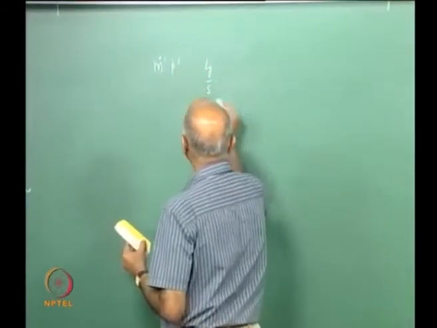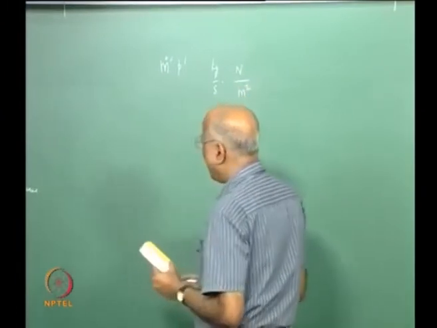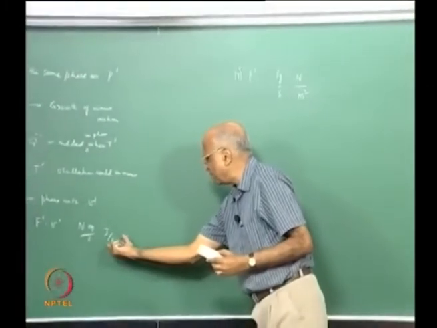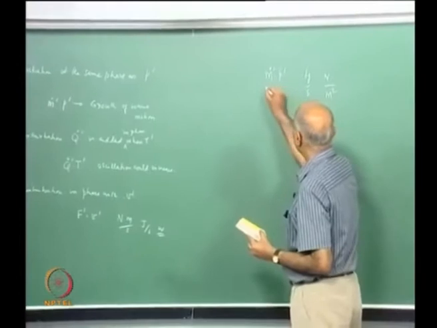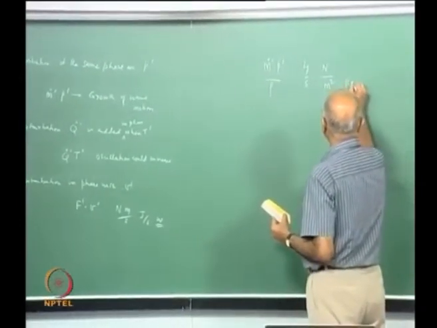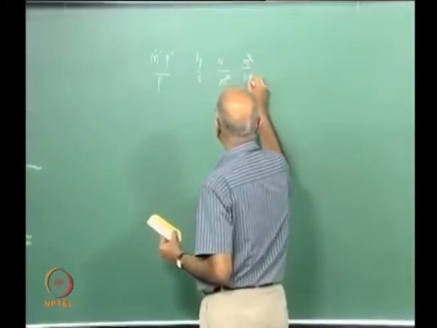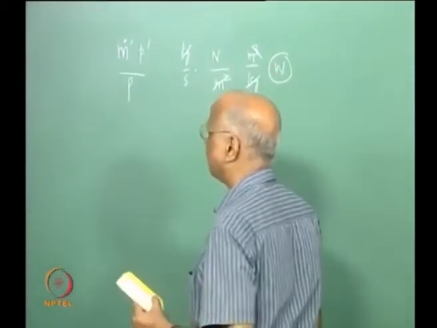Now I have pressure here, Newton per meter square, and if I have to have unit of work, because basically I am doing work to increase the perturbation, then maybe I must divide it by the mean density. If I divide it by mean density, I have kilogram per meter cube, and therefore meter comes here, kilogram gets cancelled, this also becomes joule per second or watts.